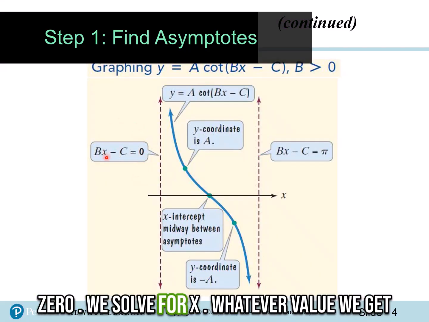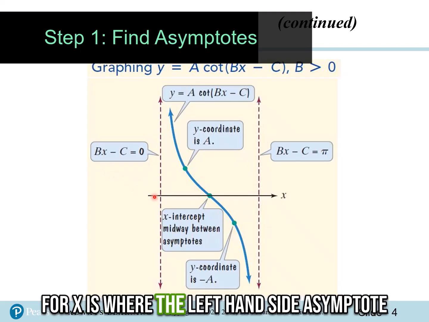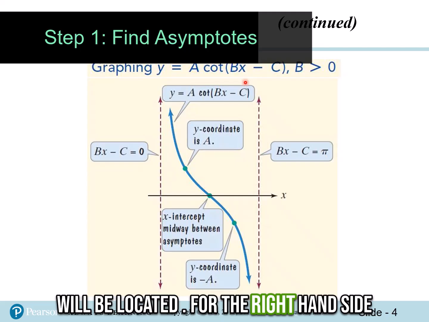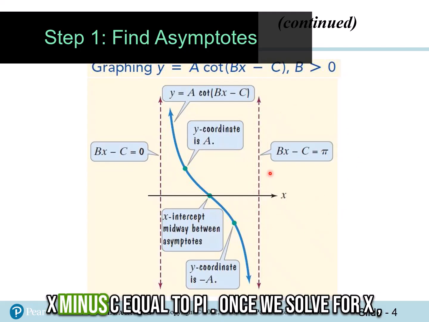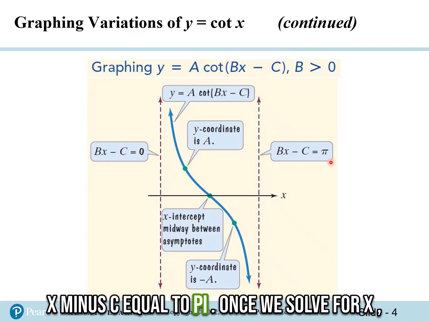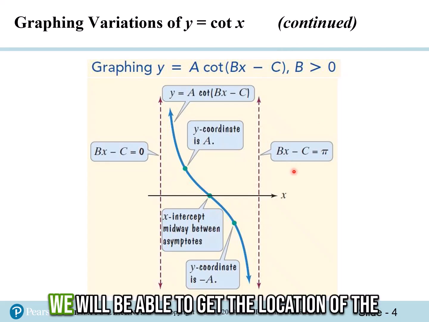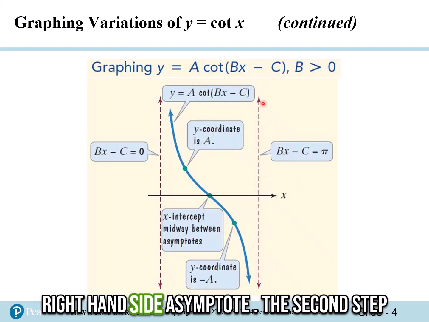We solve for x. Whatever value we get for x is where the left-hand side asymptote will be located. For the right-hand side vertical asymptote, we solve the equation bx minus c equal to pi. Once we solve for x, we will be able to get the location of the right-hand side asymptote.